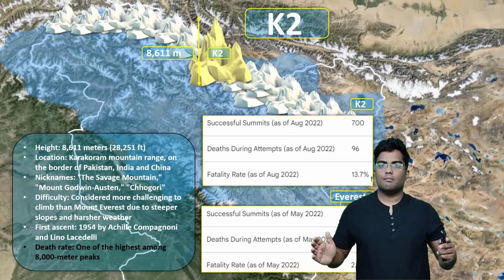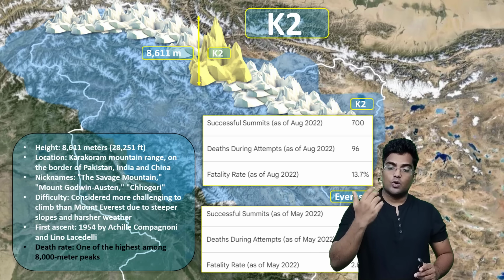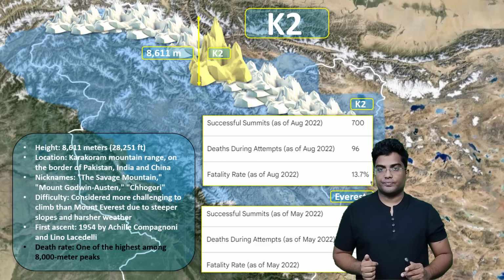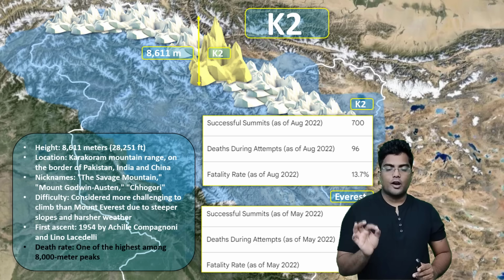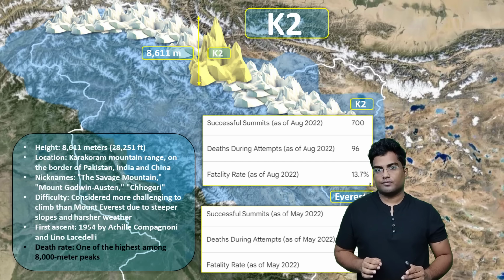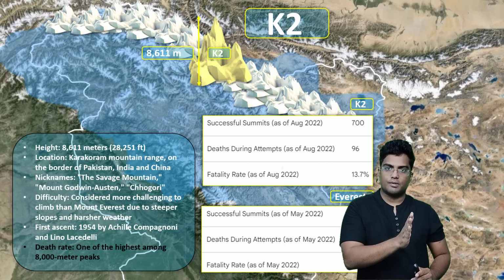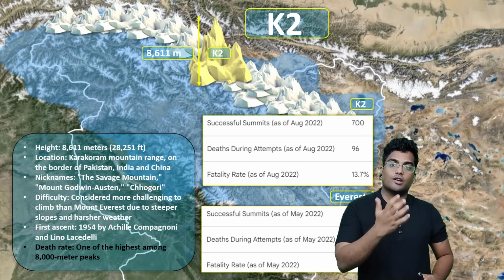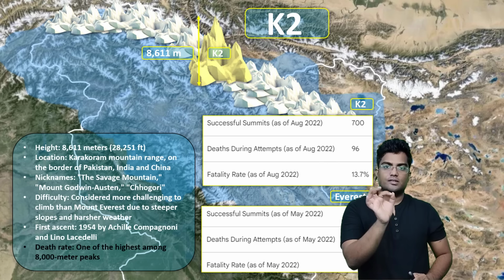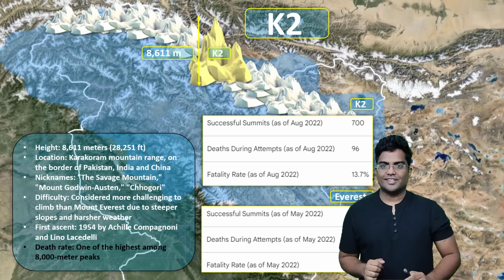There's a significant mismatch between the fatality rates in K2 and Everest. So the point being, if you try to scale K2, you have a 13.7% chance that you are going to die. However, if you try to climb Mount Everest, there is only a 3% chance that you are going to die. I hope you go for Mount Everest.